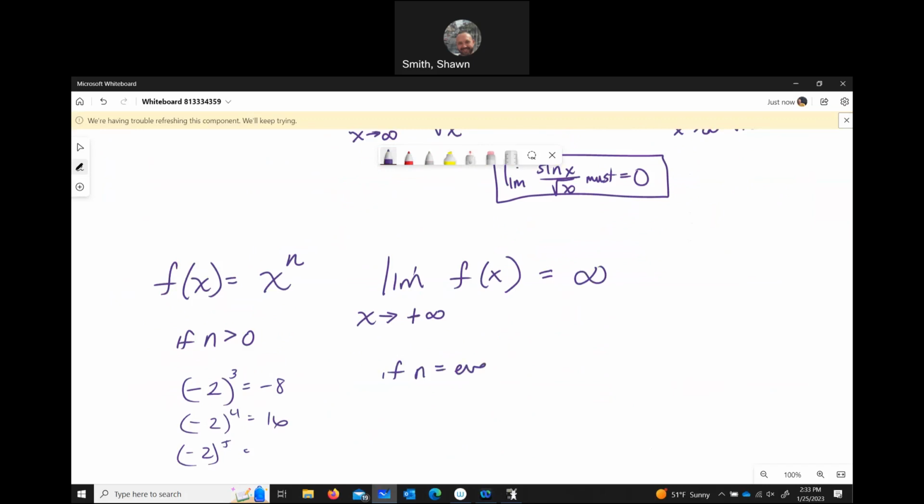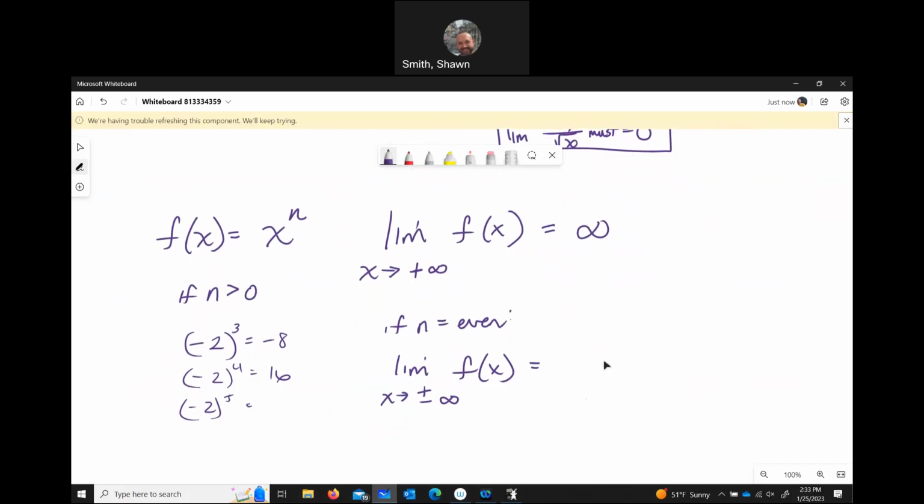If n is even, now specifically n is even, right? The exponent is even, so no matter if you have a positive or a negative base, your answer is always positive. So this goes to positive infinity.